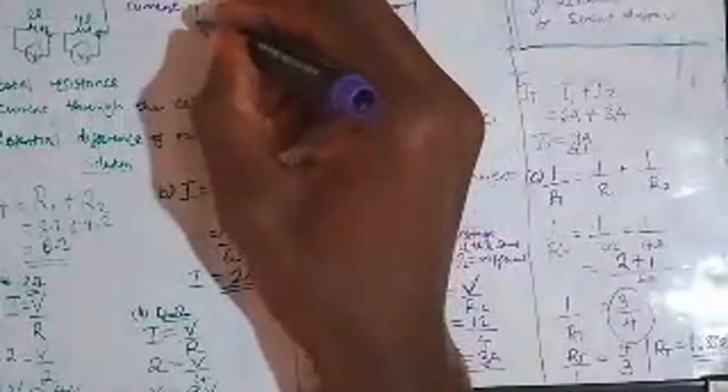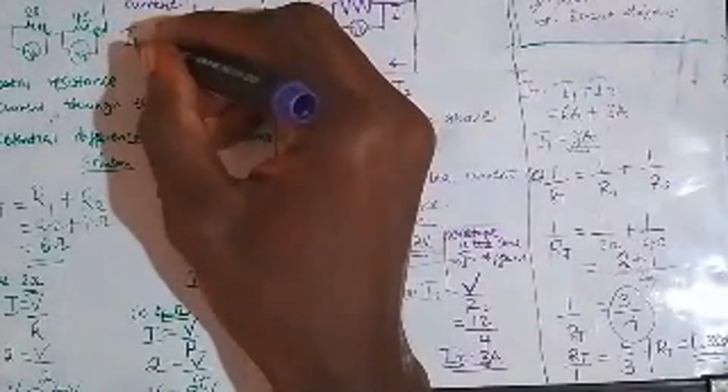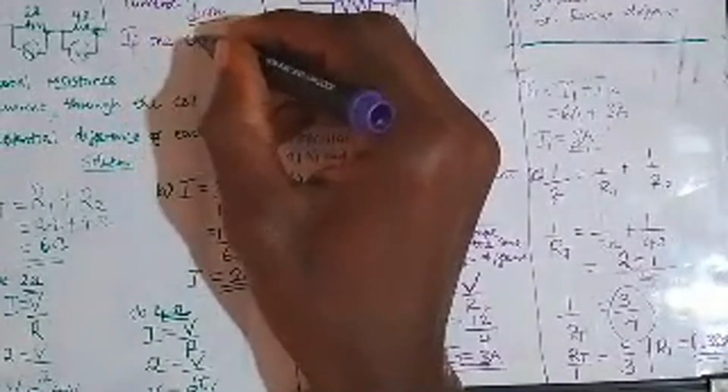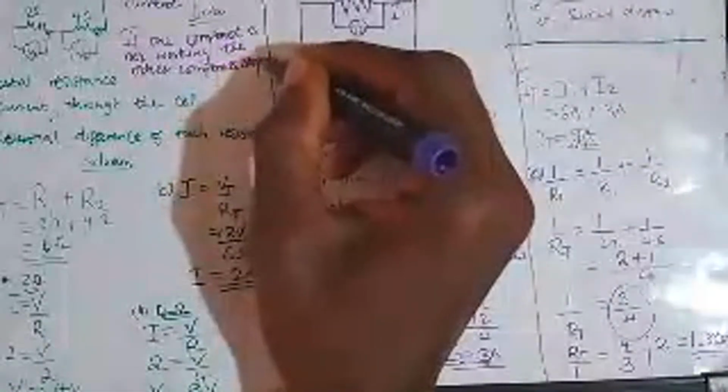The disadvantage is that since all components receive the same current, if one bulb or one component stops working, the other components stop. So if you have connected things in a series circuit, you will encounter this disadvantage: if one component stops working, the rest will stop.